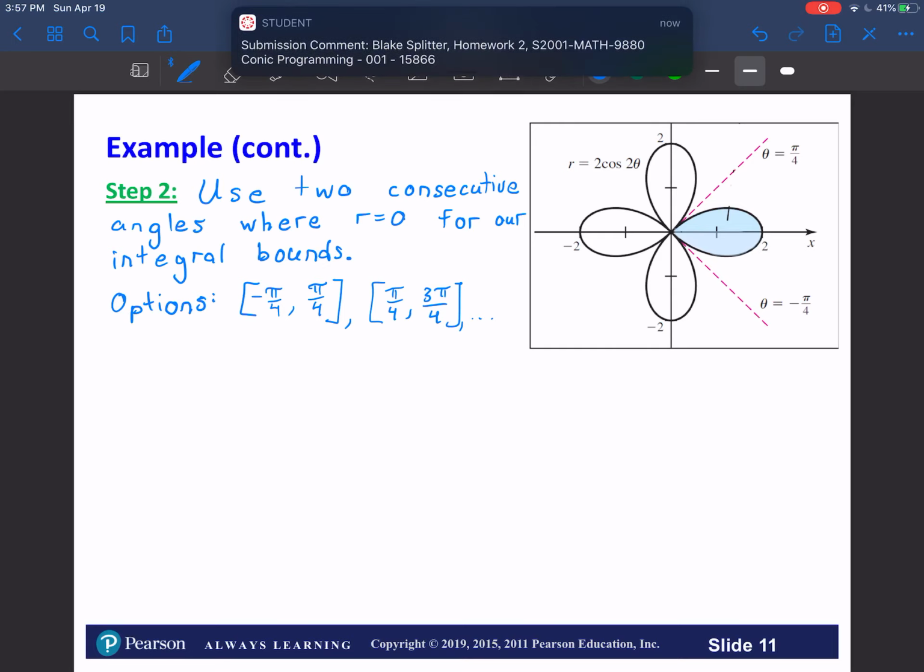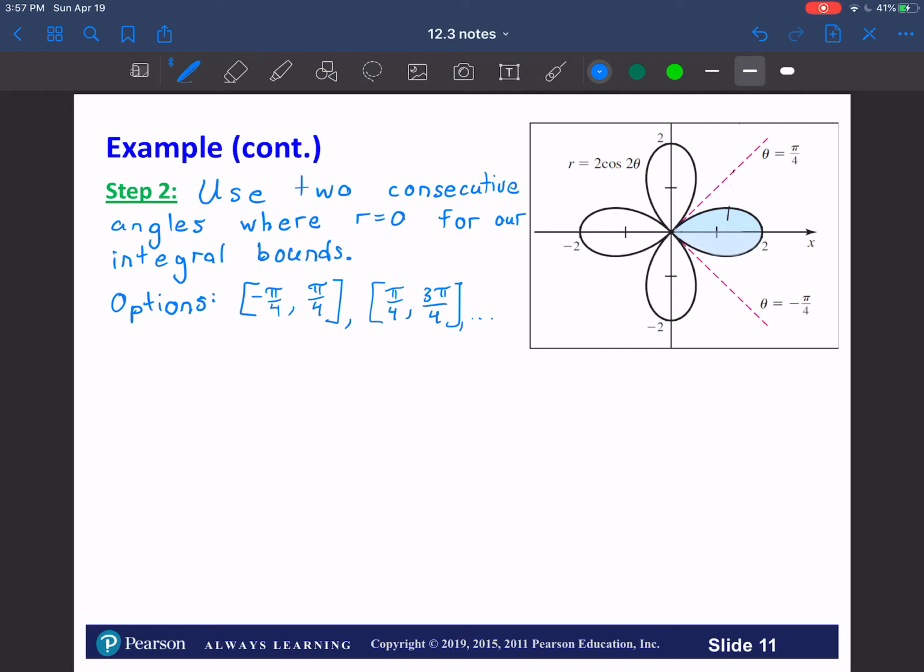All right, and so actually doing this, we are going to get the integral from negative pi over 4 to positive pi over 4. I argue that this is the easiest. And to compute the area, we need to write 1/2 times the outer function squared, so let's write f of theta squared, minus the inner function squared.